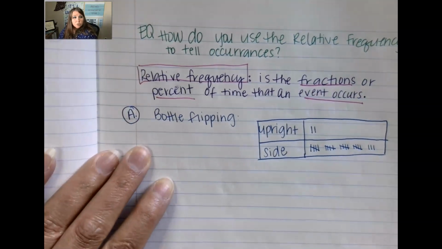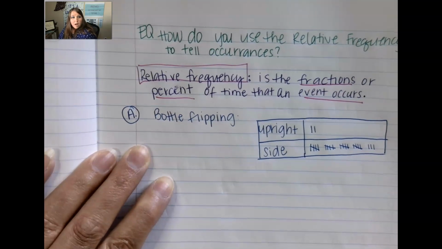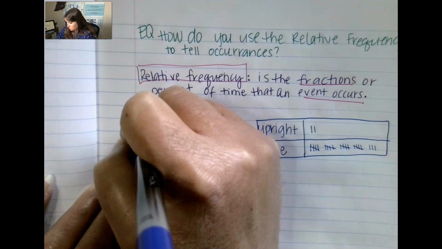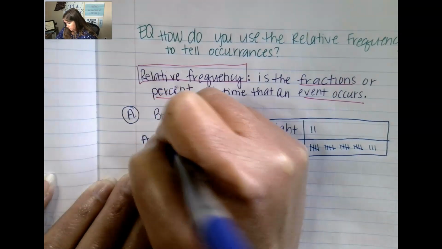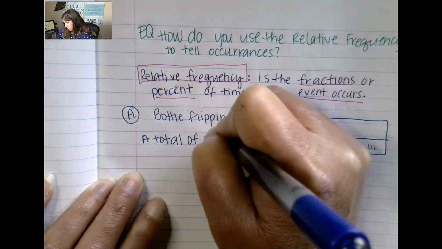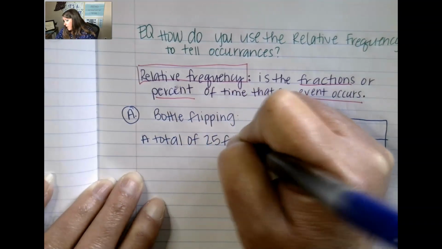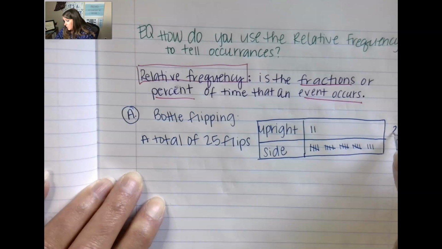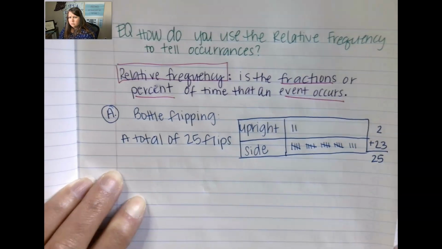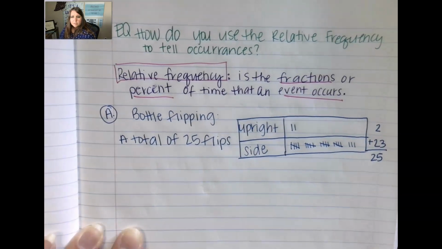So there were a total of 25 flips. And we can tell that because we're going to add up 2 here plus the 23 here, and that equals a grand total of 25 flips.